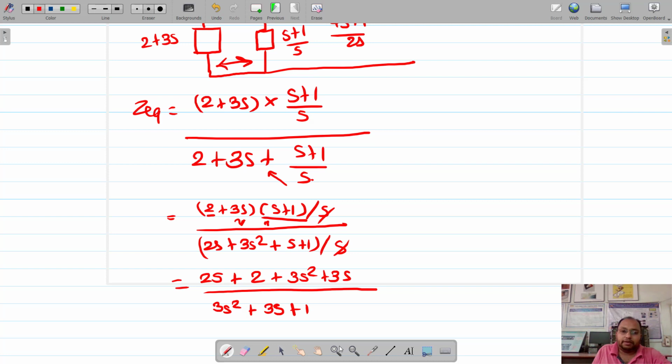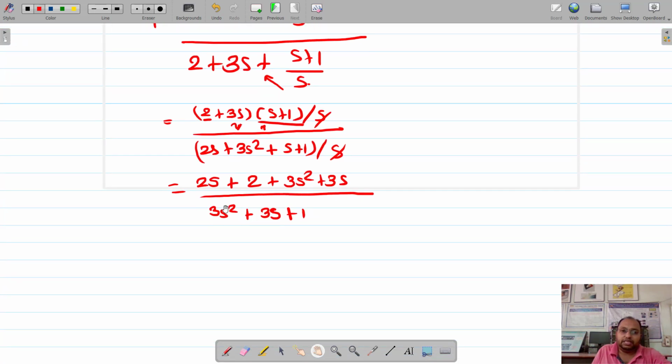Okay, now let us simplify this one also. So this is nothing but 3s square plus 5s, this is 5, don't take it 6, 5s plus 2 divided by 3s square plus 3s plus 1.